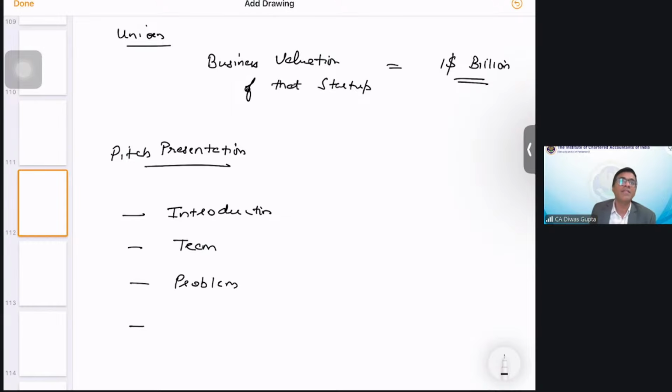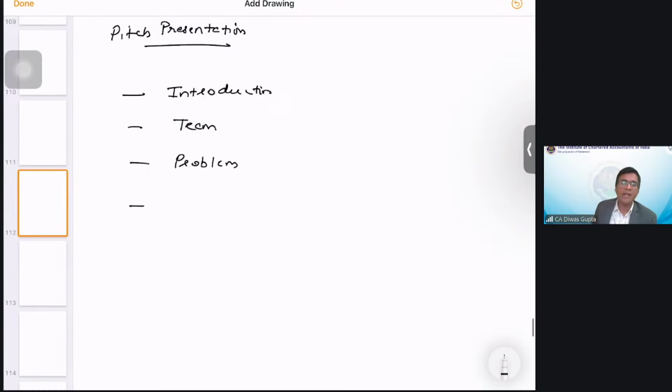Every startup, or let's say every business, exists to solve a problem. First of all, that problem statement has to be clearly defined. Then what is the solution that the startup is giving to solve that problem?